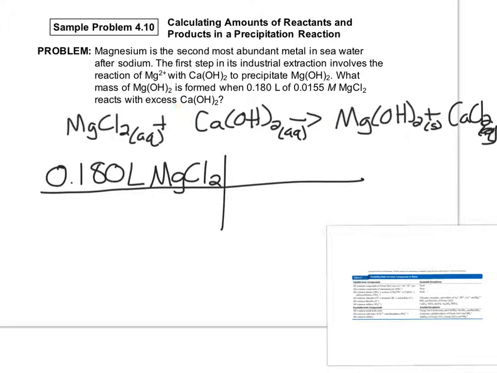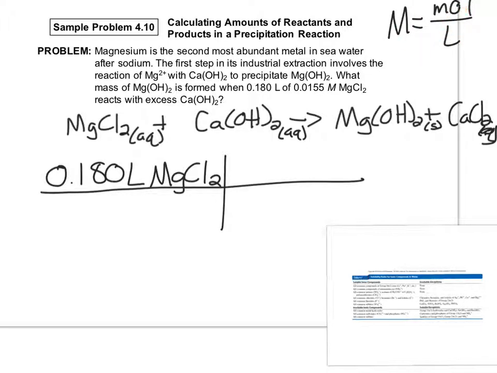Now, these stoichiometric coefficients are in moles. I have liters, so I've got to figure out how I can turn these liters into moles so that I can go from this one thing to something totally different. And the answer is in the problem. This says that it's 0.0155 molar magnesium chloride. That means moles per liter. Remember, the units of molar equal moles divided by liters, which means I can use this as a conversion factor.